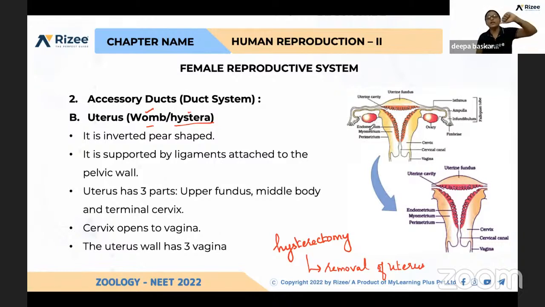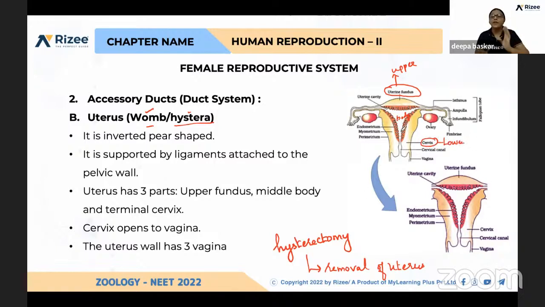It is actually an inverted pear shape, with the upper part broader and the lower part narrower. The upper part is called the uterine fundus, the middle is the body of the uterus, and the lower part is called the cervix.